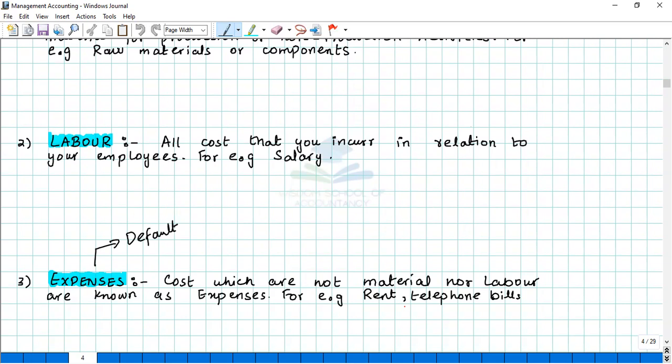For example, you are paying salary to your employees, so salary is a labor cost. For example, you are paying some bonus to your employees, so bonus is a labor cost. For example, you are paying some sick pay to your employees, so sick pay will be your labor cost. For example, you are paying for the training of your employees, so the training cost will be labor cost. So all the cost that you are bearing for your employees, for your staff, will be known as your labor cost.